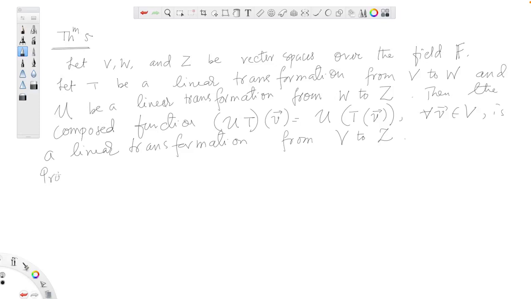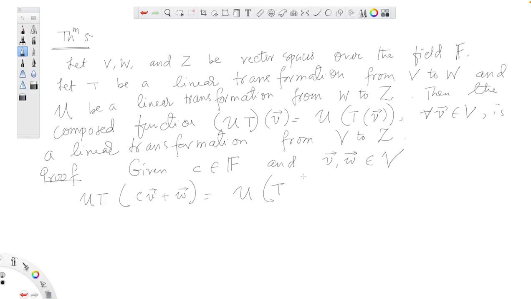Okay, so let's prove it. Proof: given a scalar c and a pair of vectors v, w in the vector space V, we write U composed with T acting on this vector cv plus w is equal to, according to the definition of composition, U of T of cv plus w.